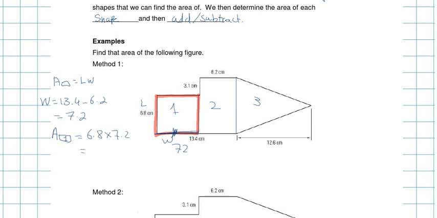And what would be my unit for this one? Area is squared, right? Because my unit is centimeter, it's going to be centimeter squared. Always, it's not going to change. The area is going to be a squared unit.